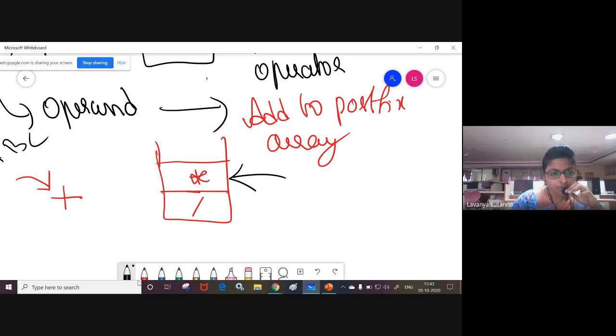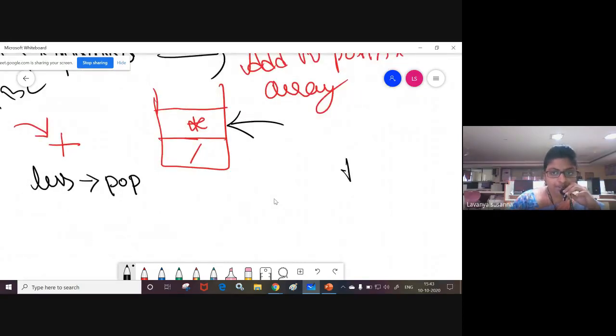The scanned symbol is plus, and its precedence is less than the precedence of star. When it is less, you need to pop the element and add it to the postfix array.